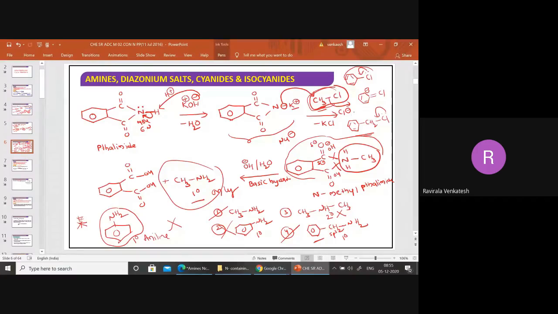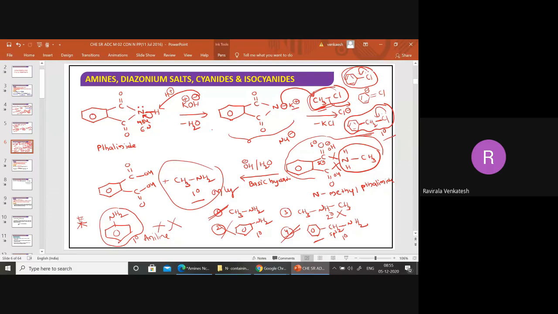I'm saying all primary amines are possible, except those in which resonance is possible, which cannot undergo the reaction. In chlorobenzene, resonance is possible, so aniline is not obtained. But with benzyl chloride, there is no resonance because of the sigma bond. It's a primary chloride, so definitely we get a primary amine here. So 1 is possible and 4 is possible.